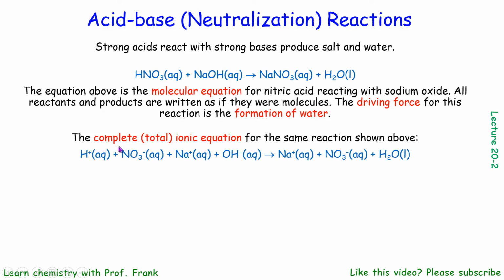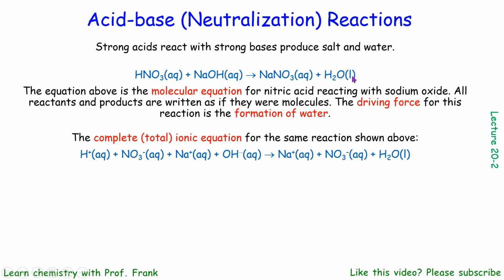Now, complete ionic equation or total ionic equation. So for this same reaction, nitric acid in water, aq again means in water, so breaks down into hydrogen ion, nitrate ion, sodium hydroxide, sodium ion, hydroxide ion, sodium nitrate, sodium ion, nitrate ion.